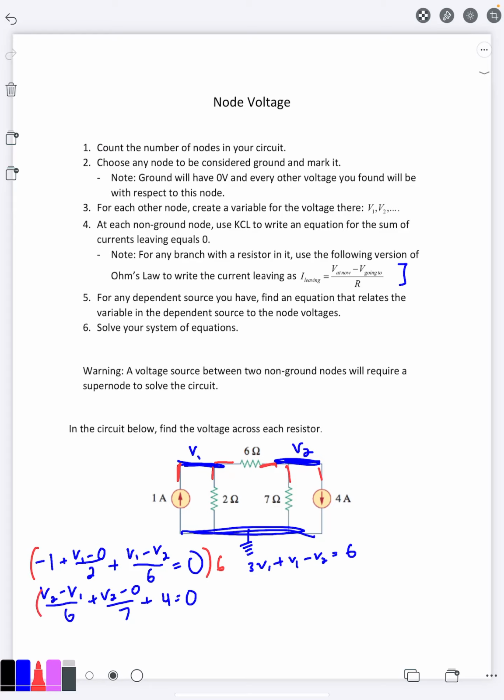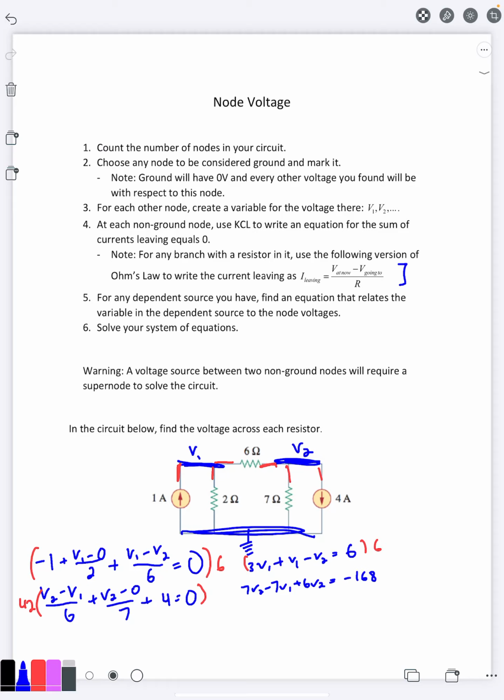And the bottom one we're going to have to multiply by 42, it looks like. So that would be 7V2 minus 7V1 plus 6V2 is -168. So let's see here. I can maybe multiply the top by 6 and add down.